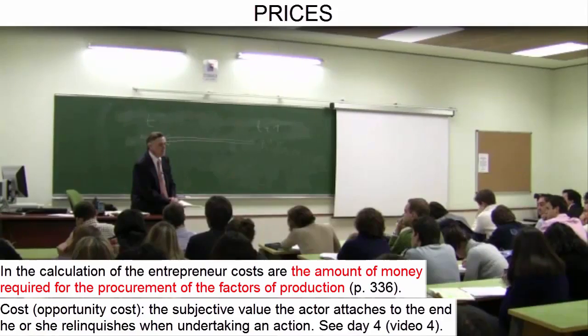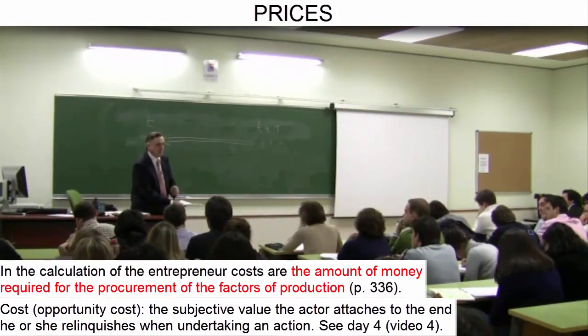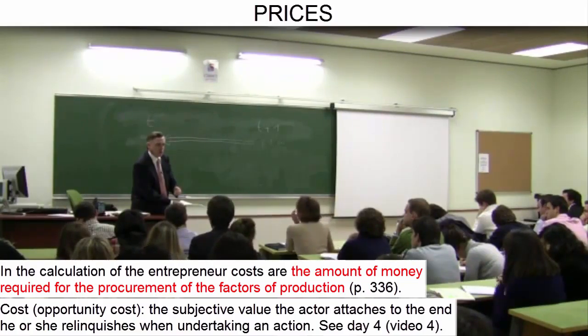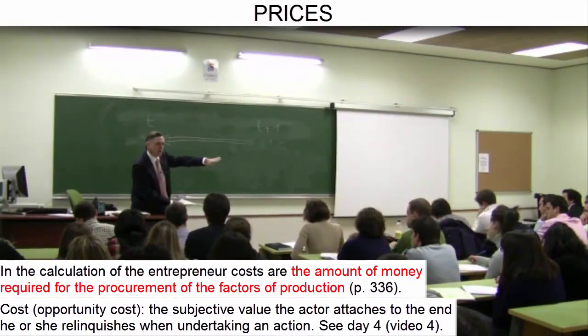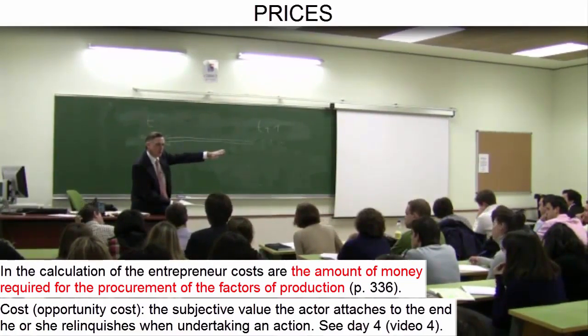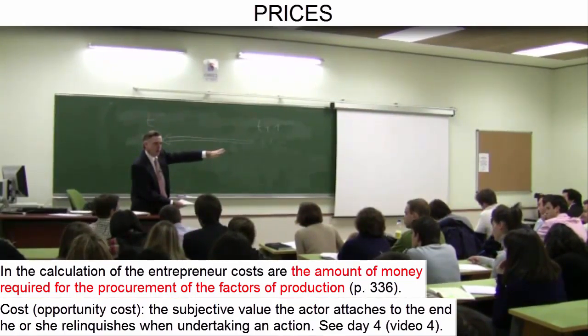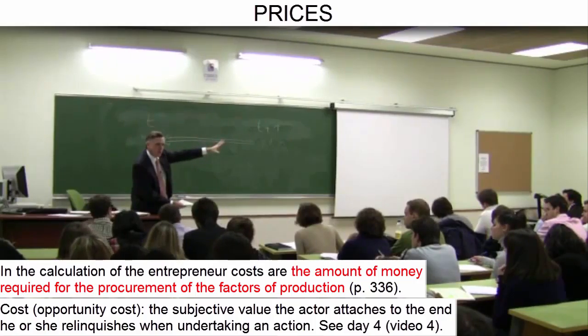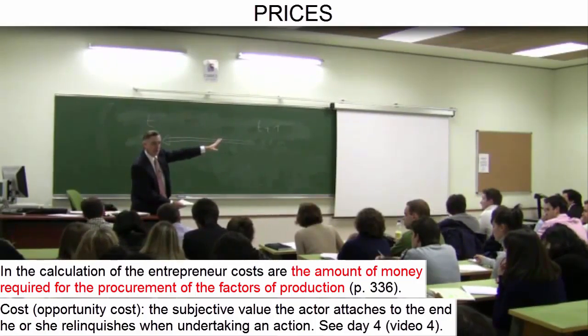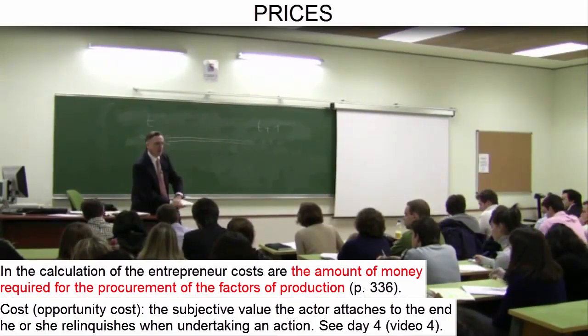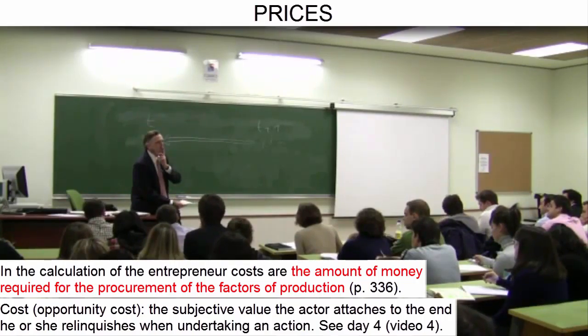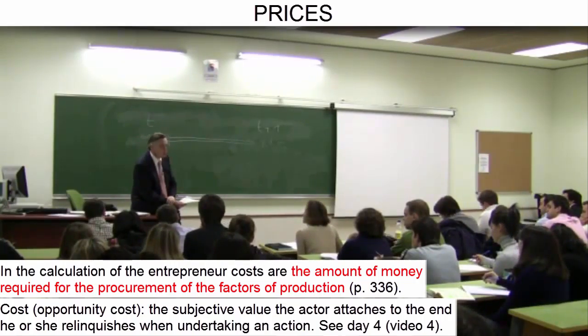All of those monetary amounts she pays to buy the complementary factors of production required by the process which she is embarking on and carrying out, and which will culminate in the future in the production of goods that hopefully can be sold at a high enough price, all of those prices she pays for the factors of production are costs in a strict monetary sense.